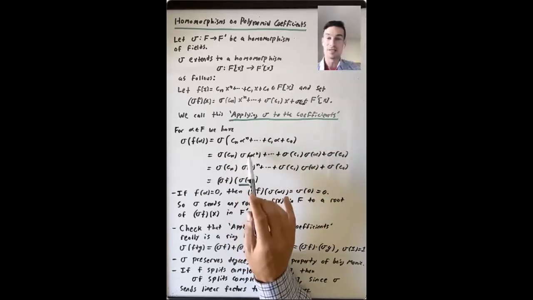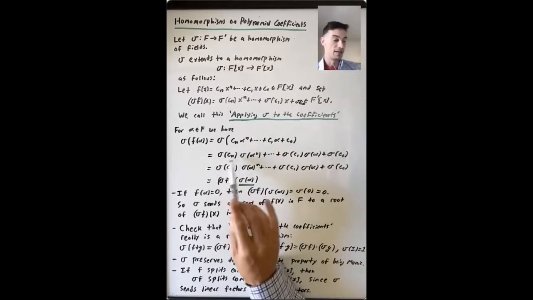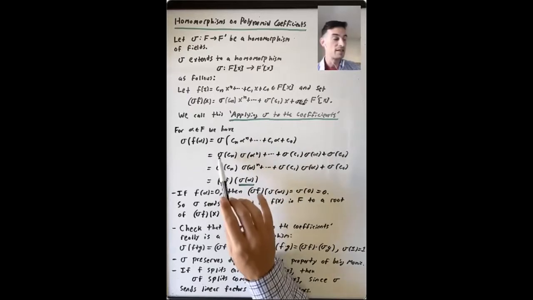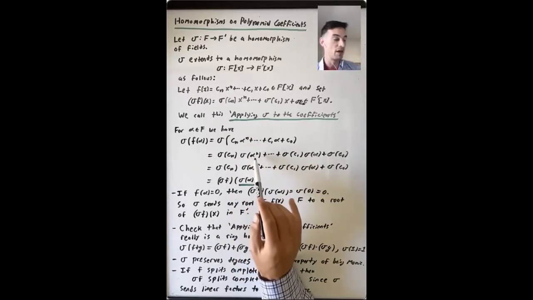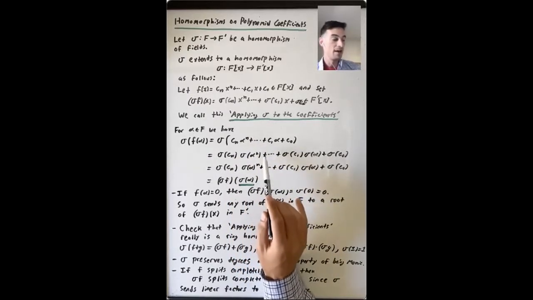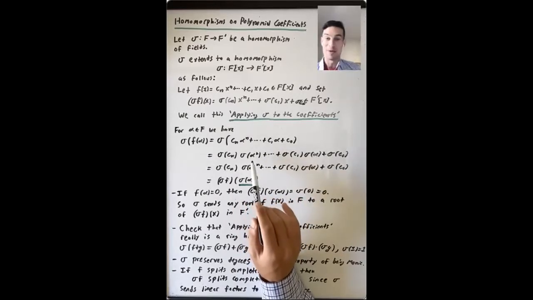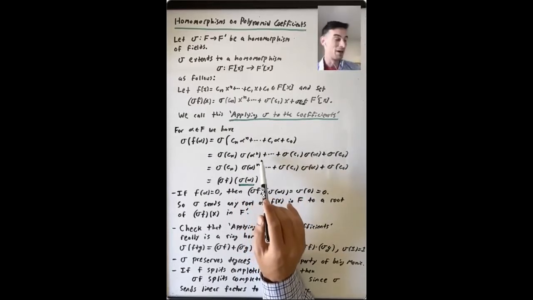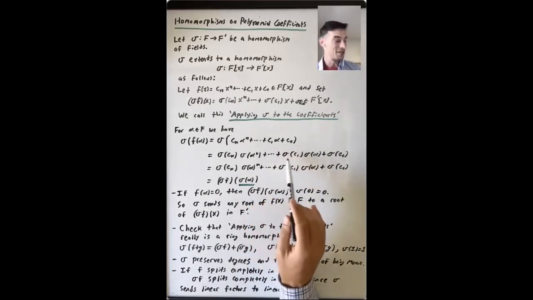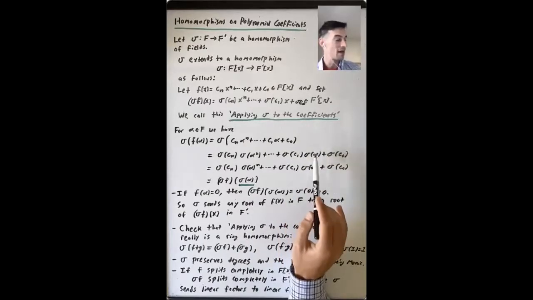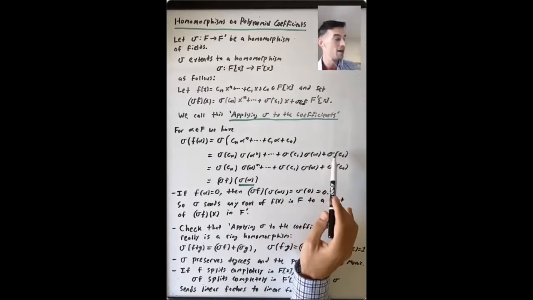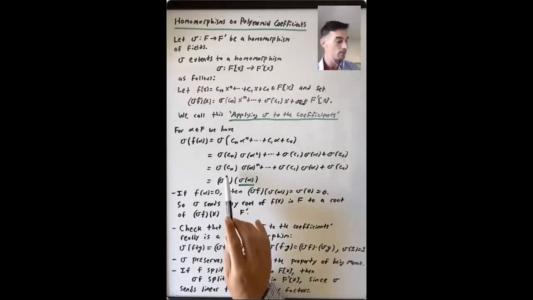Then each one of those terms has a c_i coefficient and an alpha^i term. Because sigma is a homomorphism, what we get is sigma(c_n) times sigma(alpha^n) + sigma(c_{n-1}) times sigma(alpha^{n-1}) + ... + sigma(c_1) times sigma(alpha) + sigma(c_0).